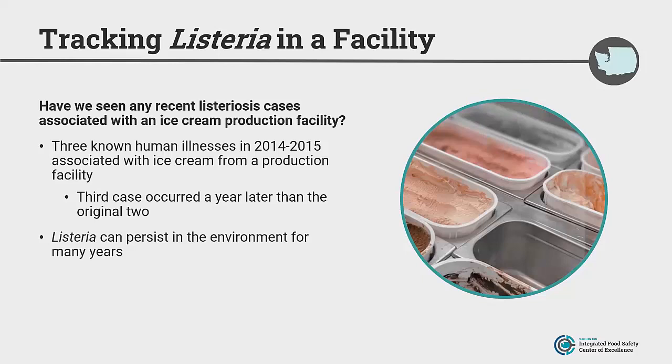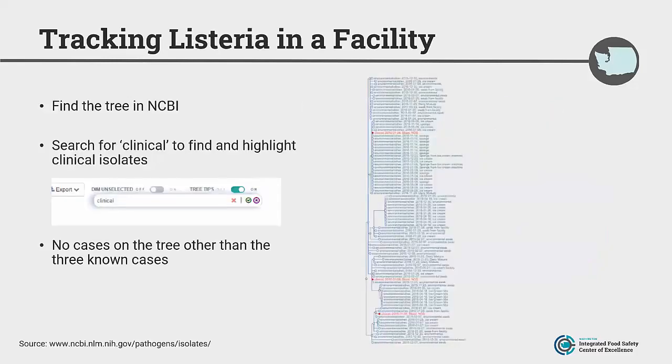And the 3rd case actually occurred a year later than the original 2. And we know that listeria can persist in the environment for many years. And as we're learning more about listeria outbreaks, outbreaks are being found that span many years time frame.